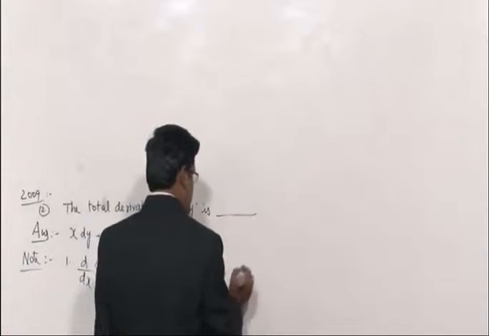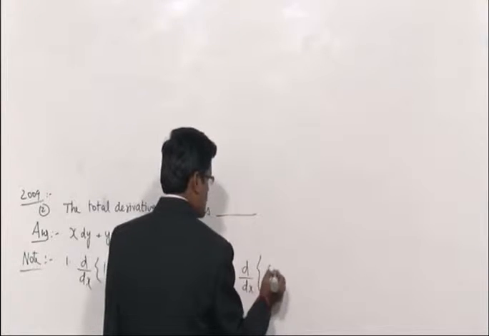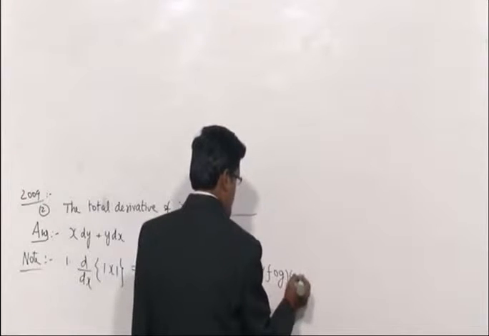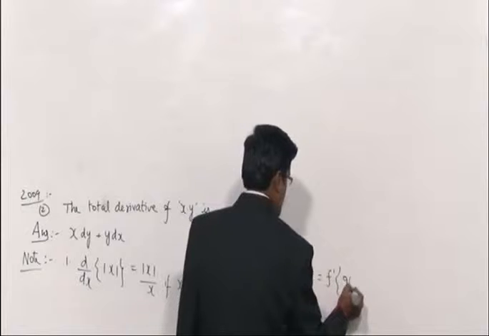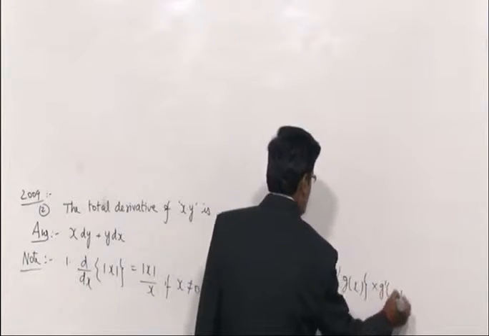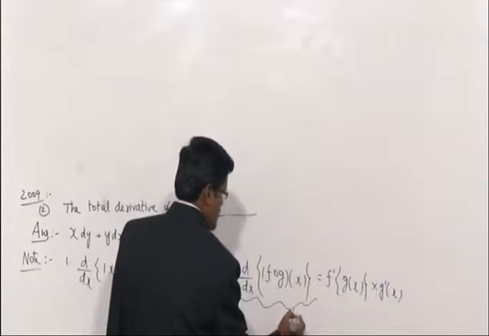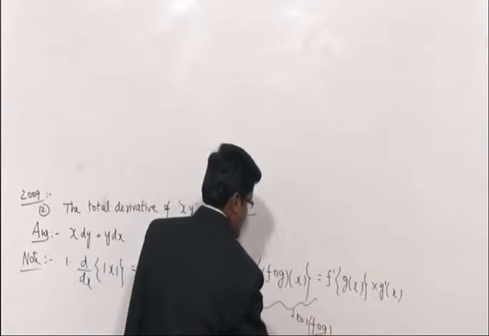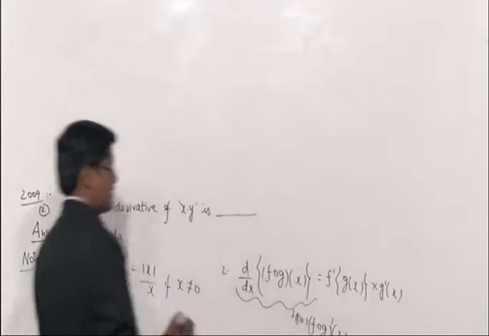And the composite function derivative: d by dx of f circle g of x is equal to f dash of g x into g dash x, just formula based only. This result is also denoted by f circle g dash of x. That dash indicates derivative with respect to x.